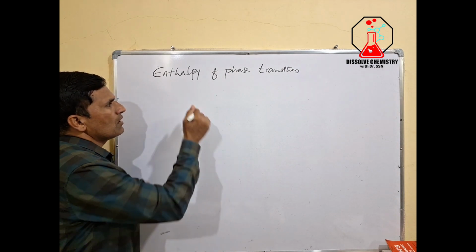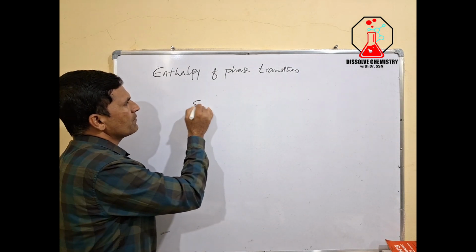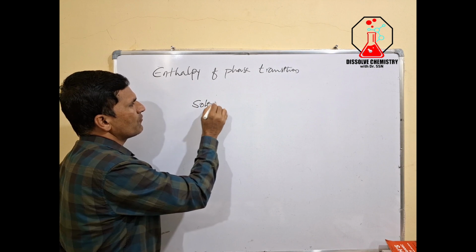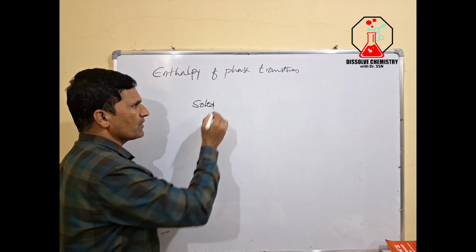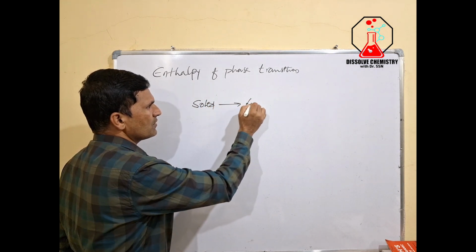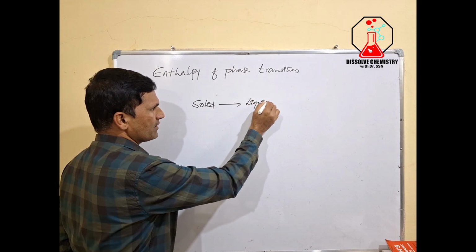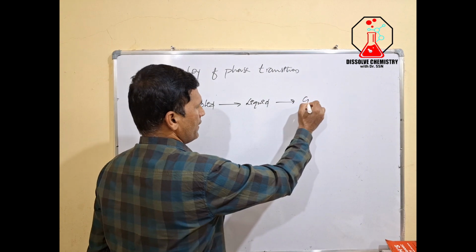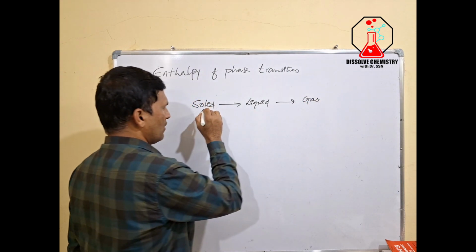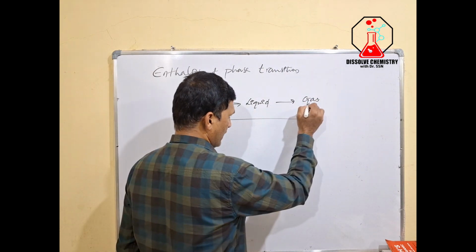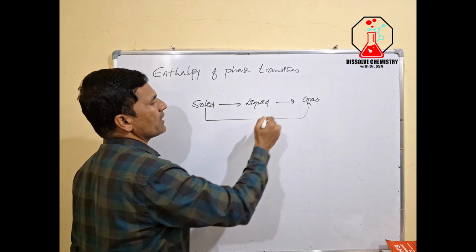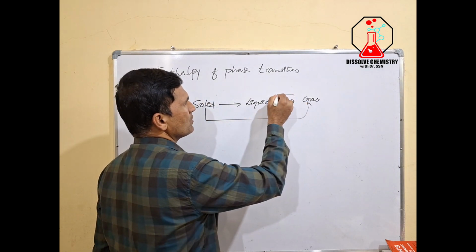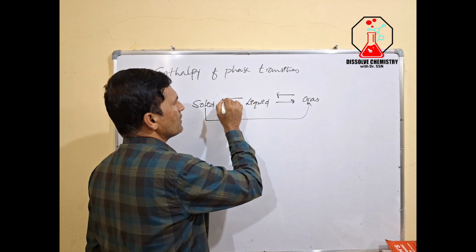Suppose any substance is in the solid form, and you convert it into liquid form or liquid state, and into gaseous state, or directly from solid to gaseous state, and in the reverse order, gas to liquid, liquid to solid.